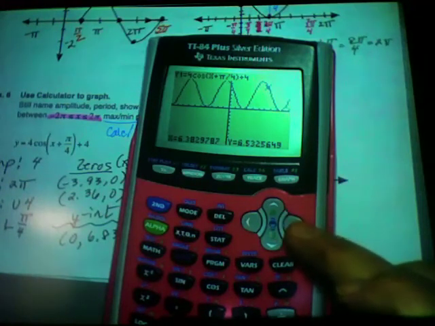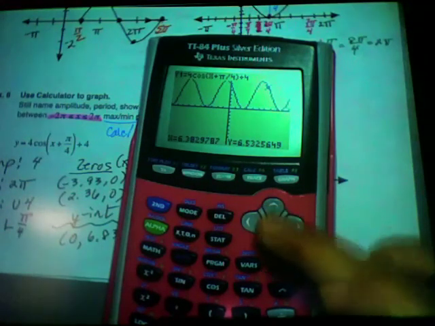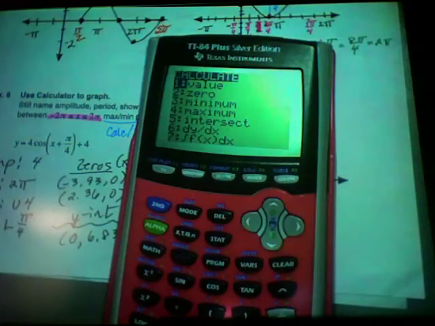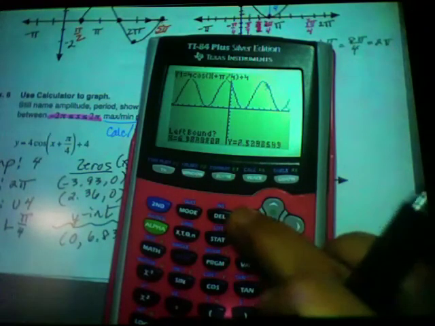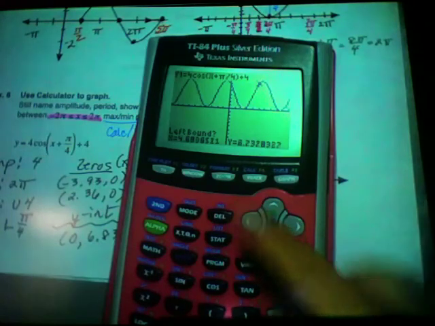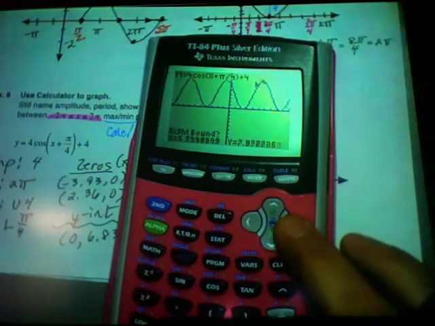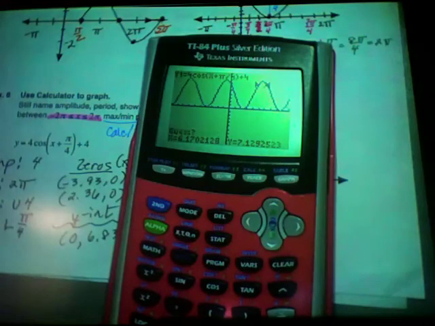So don't we have one more max to find? Okay, so we need to find this one up here. So second calc, 4. So our second max, left, and then right, and then guess.